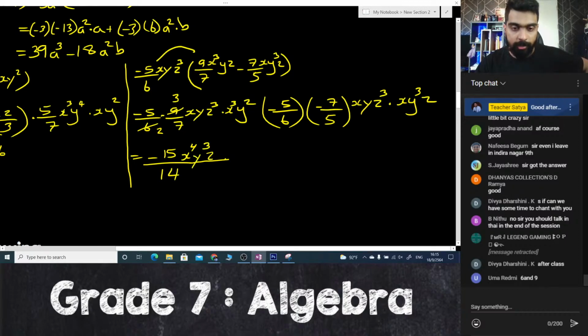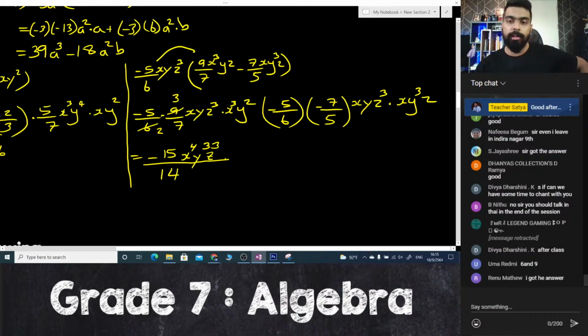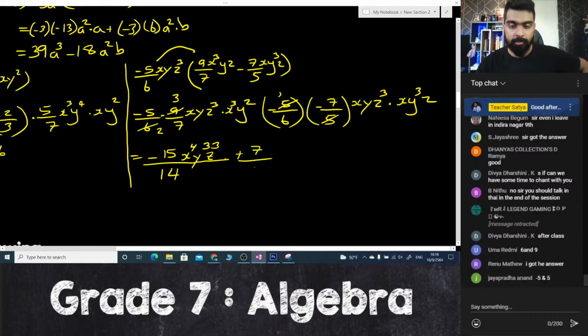And then we have z cube, alone by itself. Now here, guys, we see that 5 and 5 can simplify. So we have minus 1 times minus 7 giving positive 7 over 6, because minus times minus gives positive, right?